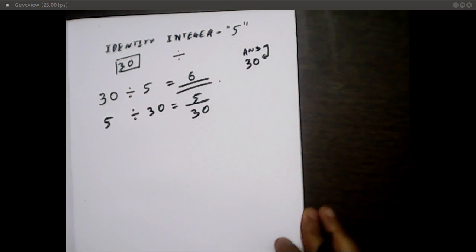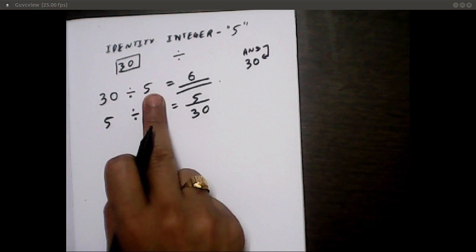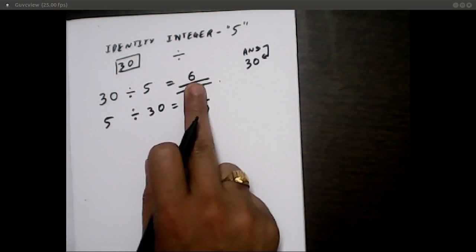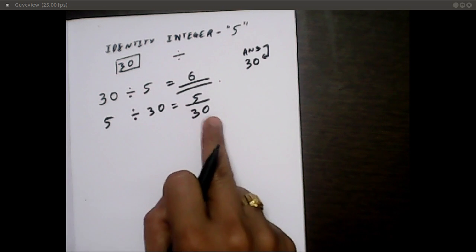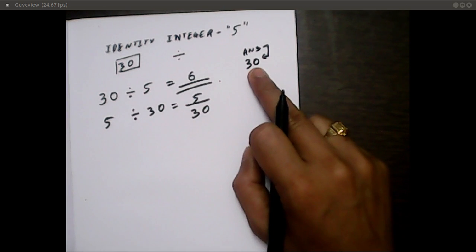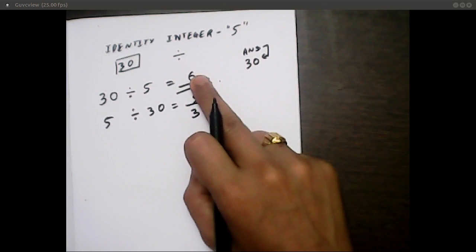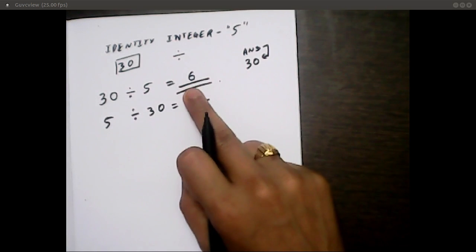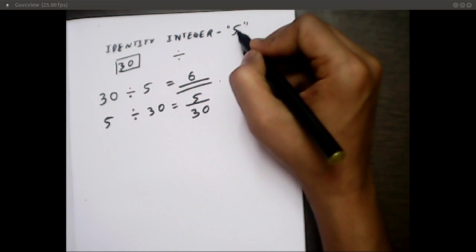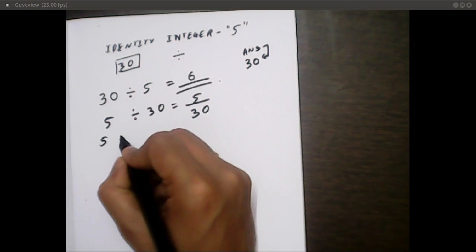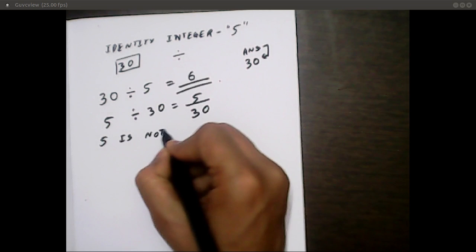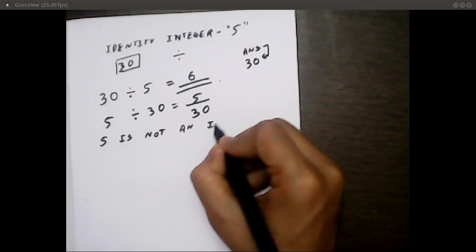Is the answer 30 when you are dividing 30 by 5? No, the answer is not 30, it is 6. Similarly, 5 divided by 30 is 5 by 30. It's not equal to 30 and it is also not equal to 6. Therefore, 5 is not an identity integer for the division operator.